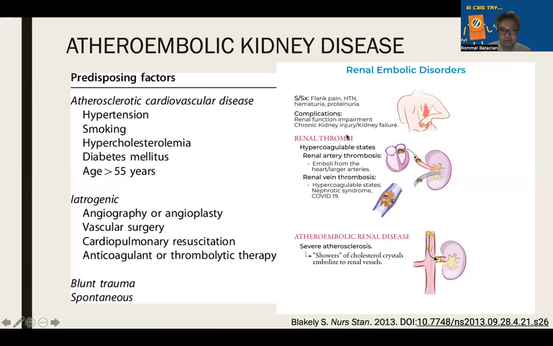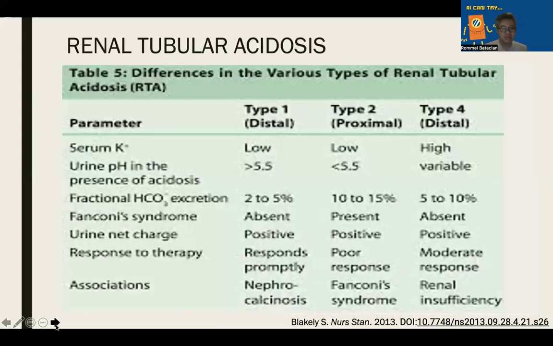Hypercoagulability states are also important risk factors, and the classic cardiovascular risk factors as well, because showers of cholesterol crystals can embolize to the renal blood vessels. So that's that.